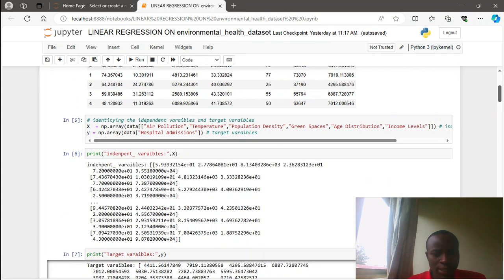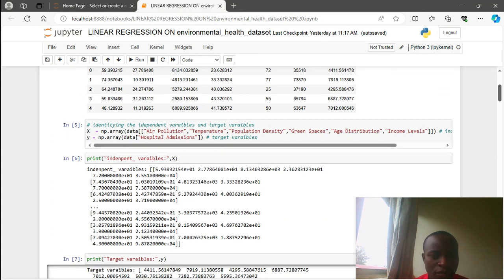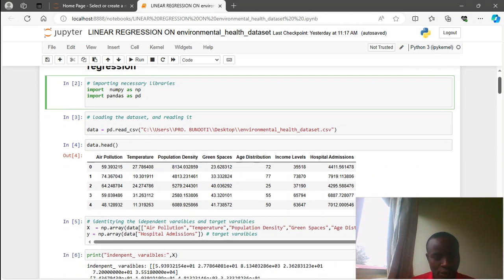Then I had to visualize some of the independent variables, which I said print independent variable, which is X. That is what determines how many people will be admitted in the hospital depending on the given data, which is air pollution concentrated within the given town, then temperature concentration, population density, how people are distributed in a given town, then green space, those I told you are oases and green pastures within, then age distribution, that is obvious, then income level, that is status.